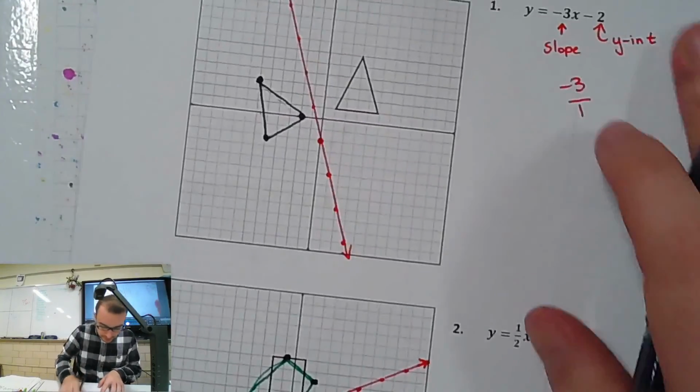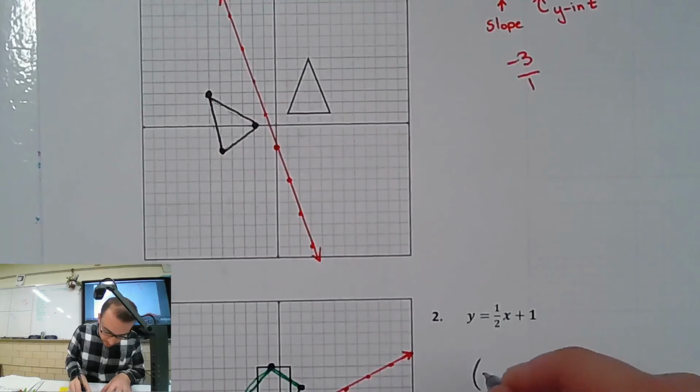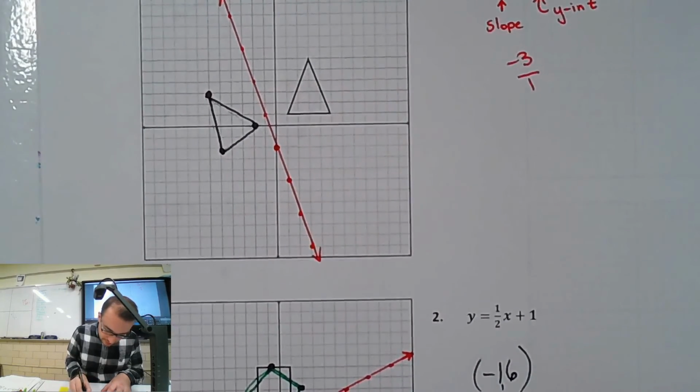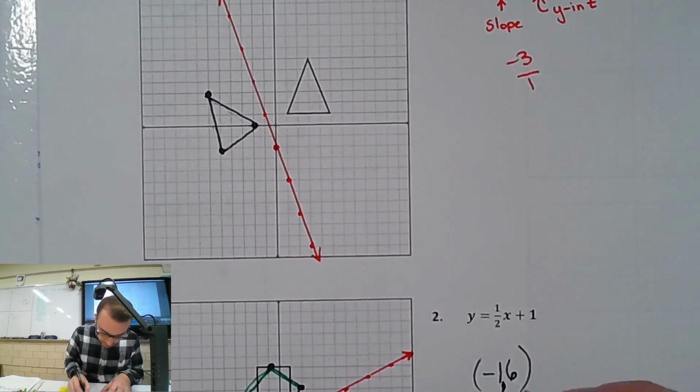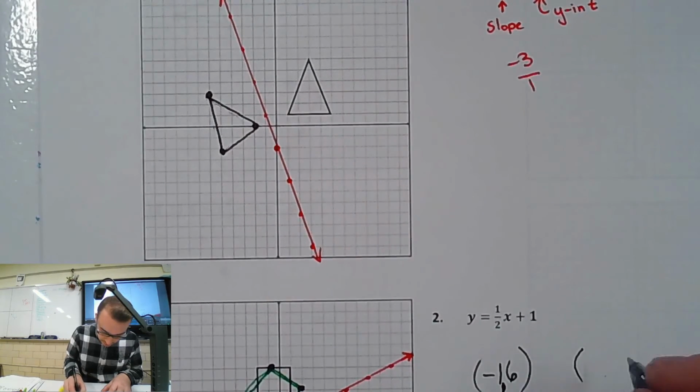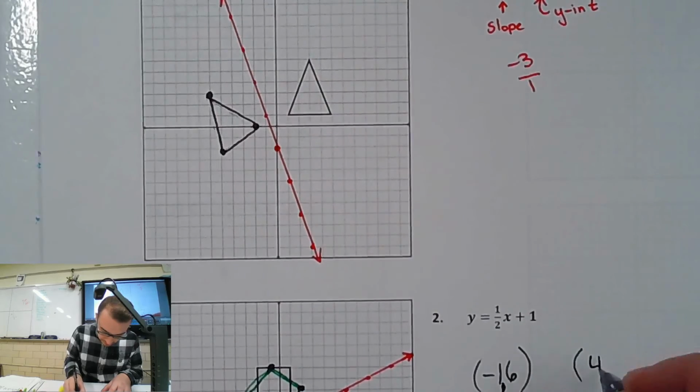What I have is -1, 6. Oh, chill out. 2, 4. 1, 2, 3. 5 minus 1. 4 minus 4.